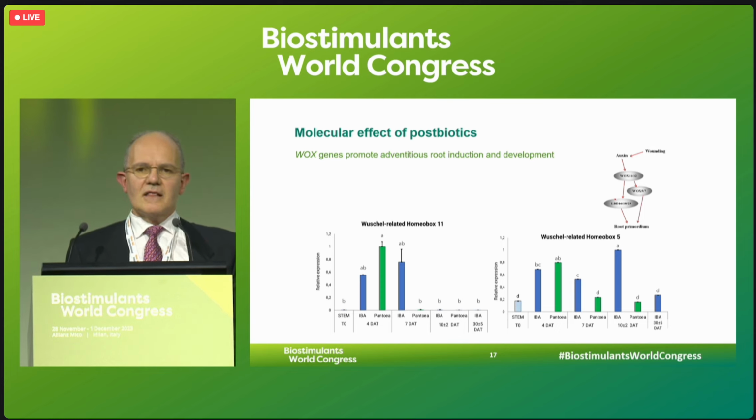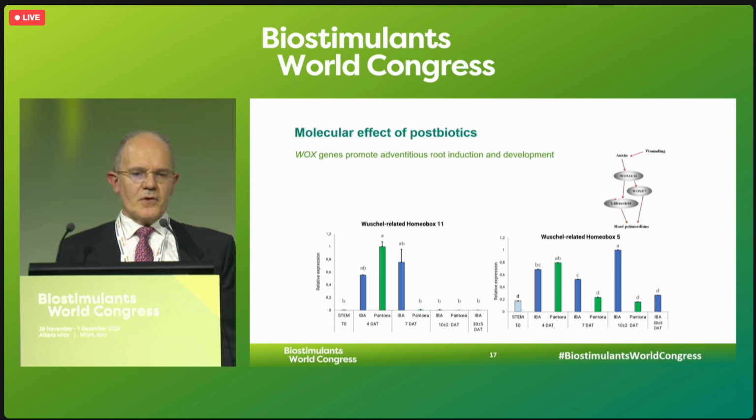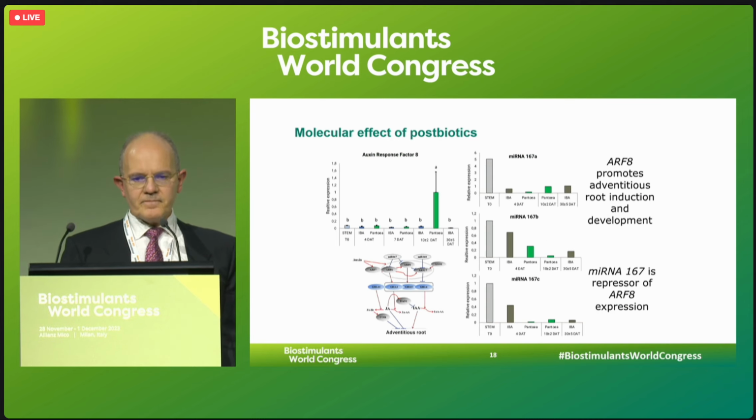That the temporal expression profile of genes that are relevant for promoting adventitious root induction and root development, as in the case of F8, are anticipated in the timing, and the levels are higher than in the control in which the synthetic hormone was used.